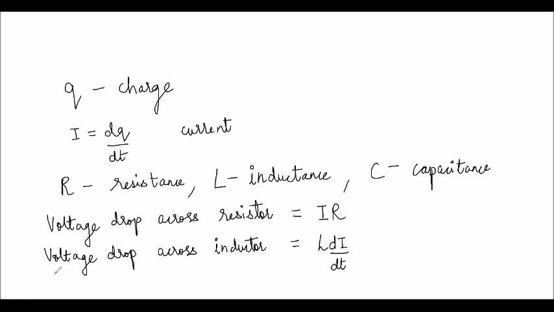And voltage drop across capacitor having capacitance C is given by Q by C, where Q is charge and C is the capacitance.